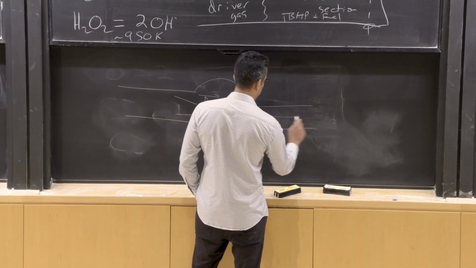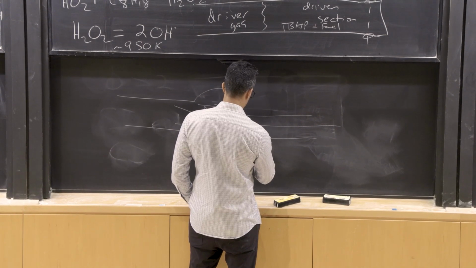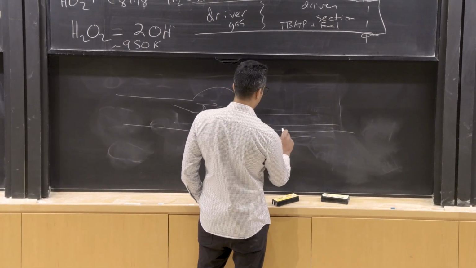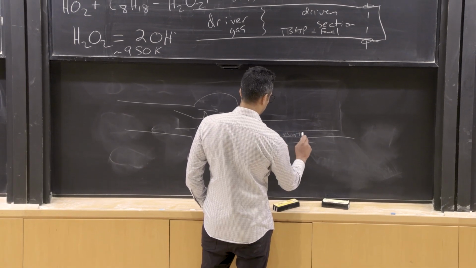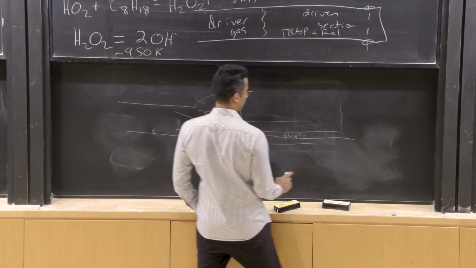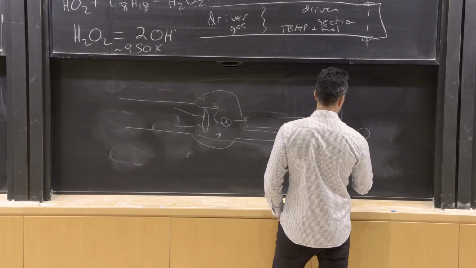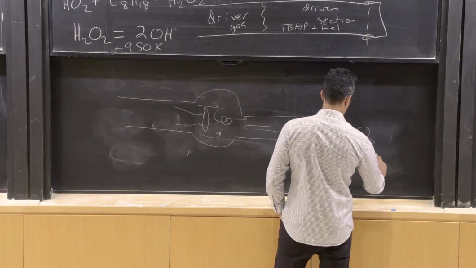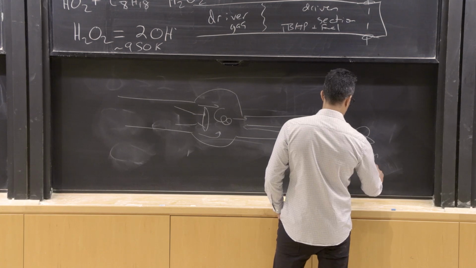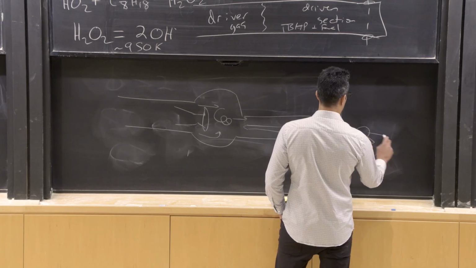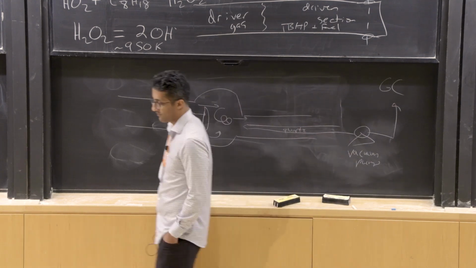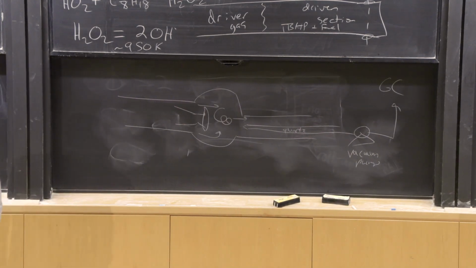Typically what you have here is a probe made of quartz. And this is connected to a vacuum pump, okay? And then afterwards, this goes to a GC or some other type of diagnostic technique.